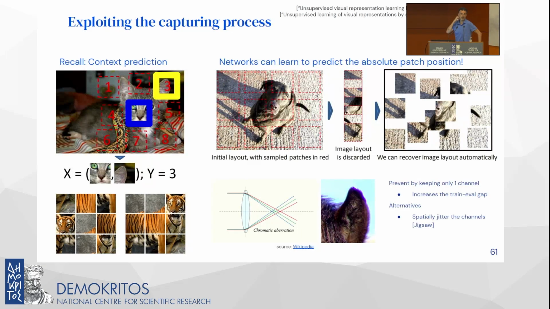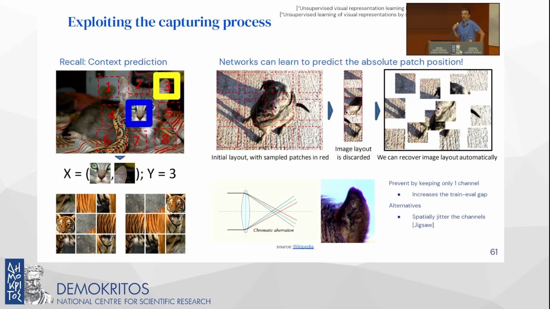Or to give another example, you can have a network that takes as input a single patch from an image, nothing else, just a single patch, and is able to predict where this patch is located inside the image without having seen the image. You might say, okay, how is this possible? Well, this can happen if you are using a data set where there are chromatic aberration artifacts, because the appearance of the artifacts depends on the location in the image.